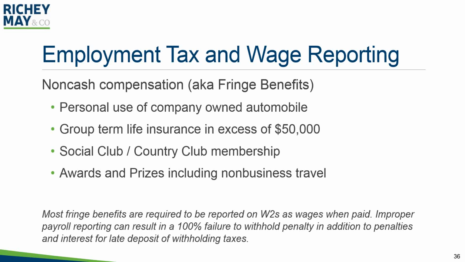And then I think perhaps the most common one, awards and prizes given to employees should be included as wages, and increase the amount in box 1, 3, and 5 of your W-2s.